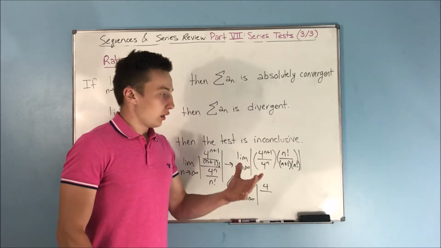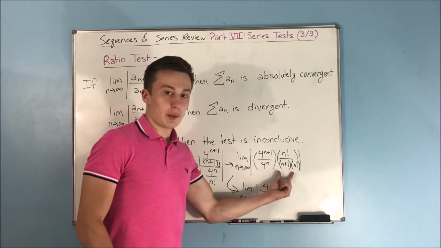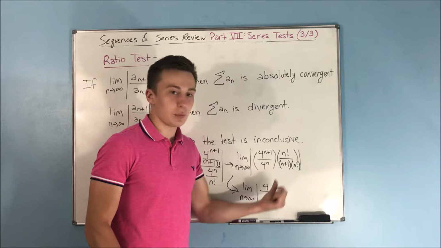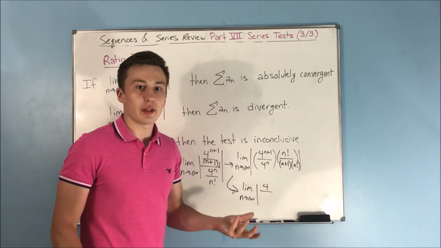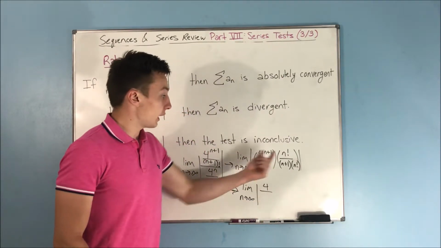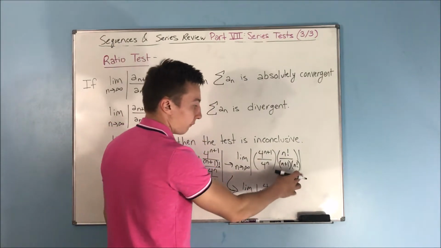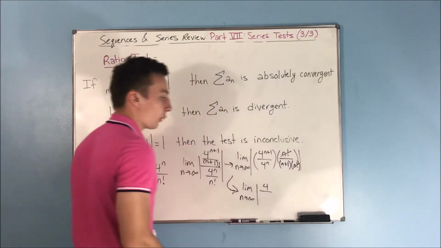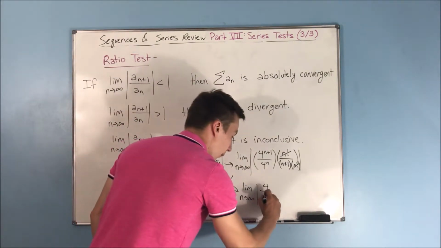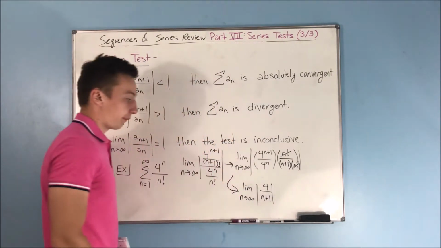So really the only addition for an n plus 1 factorial is that n plus 1. That means we can split it up like this and cancel those n factorials, leaving an n plus 1 on the bottom for our limit.